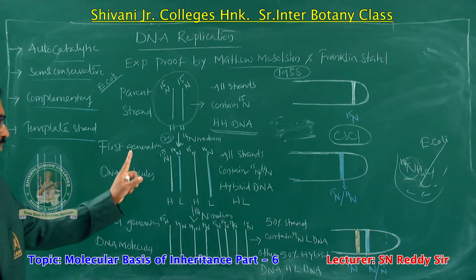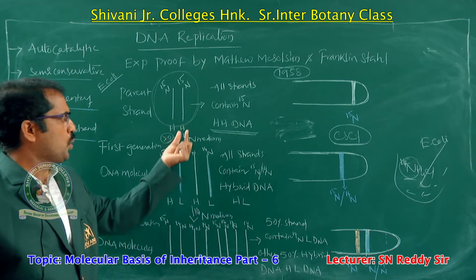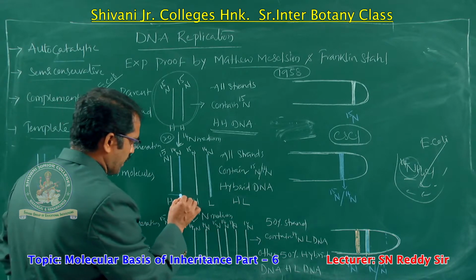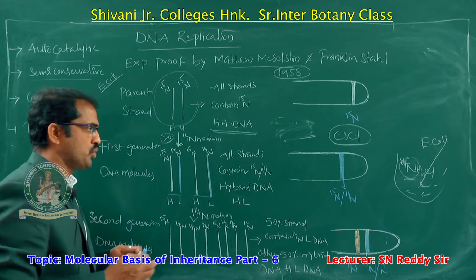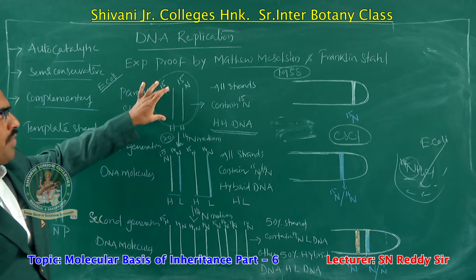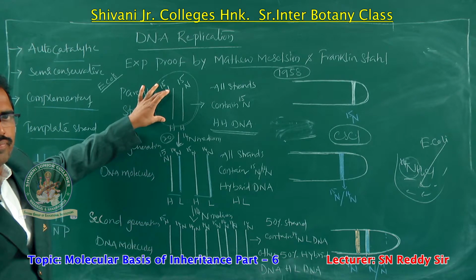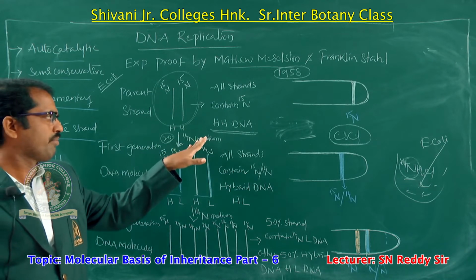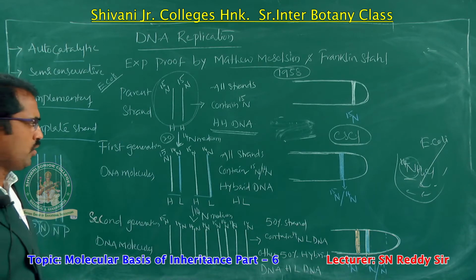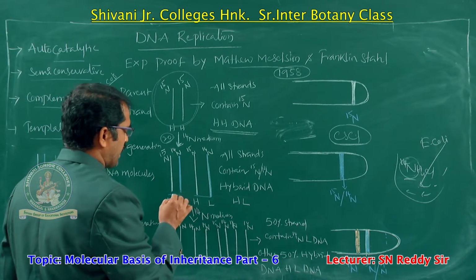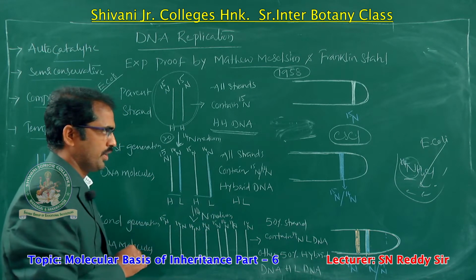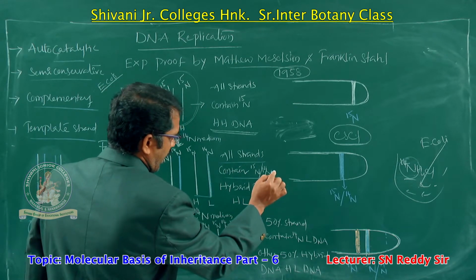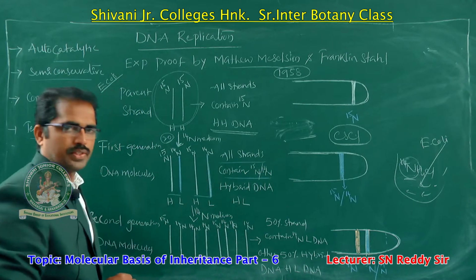That means in these two daughter DNA strands, what you observe actually is heavy DNA. When it undergoes replication in the N14 medium, the new DNA molecules contain heavy light DNAs. All contain N15, N14 DNAs.